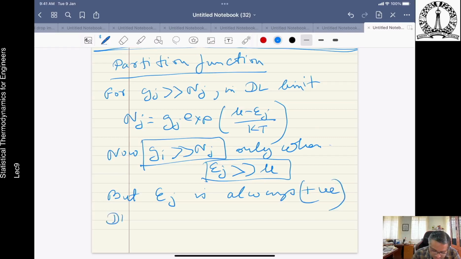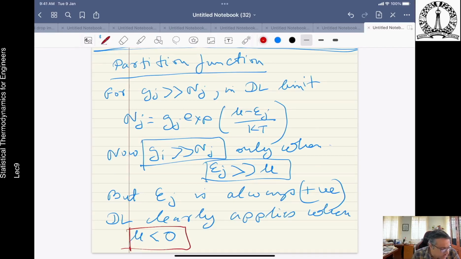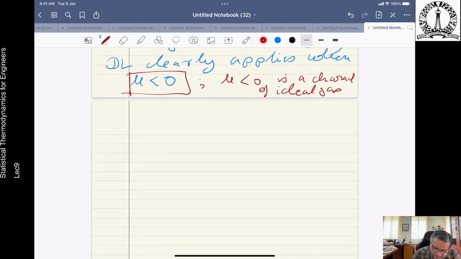So the dilute limit clearly applies when mu is less than 0. The chemical potential is less than 0, right? Therefore, mu less than 0 is a characteristic of an ideal gas.